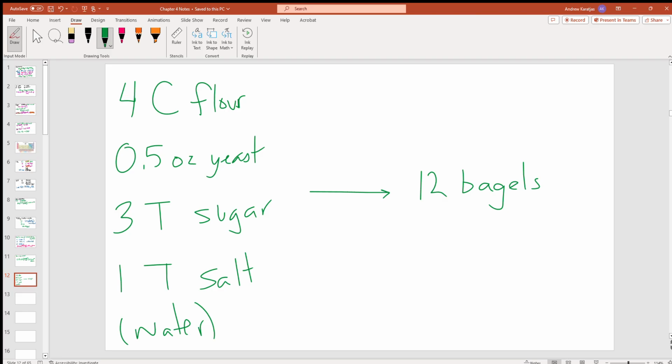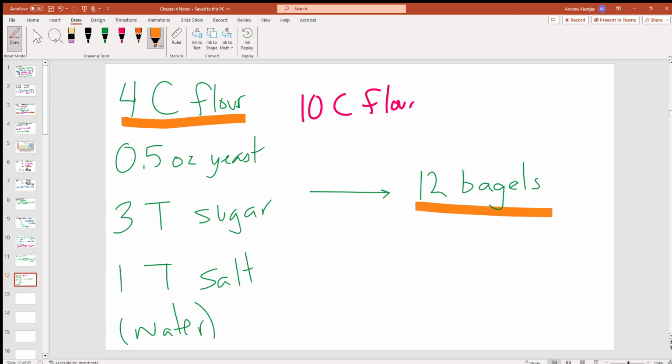So let's say that we opened up our cabinet and we found 10 cups of flour. How many bagels will that let us make? Well, what's our conversion factor? Our conversion, 4 cups of flour, is 12 bagels.